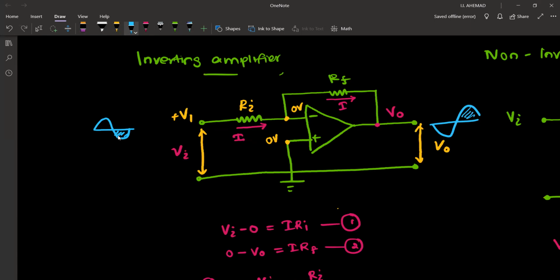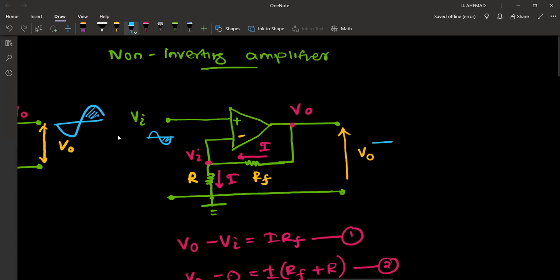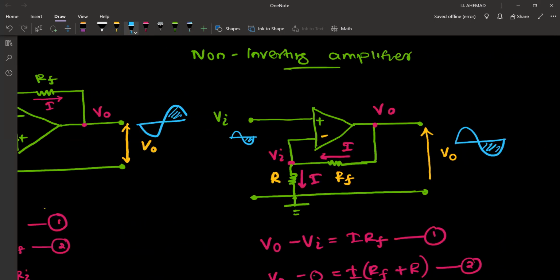The wave that was on the bottom gets to the top. But for non-inverting, when you give a signal, you get the output in the same phase. Done.